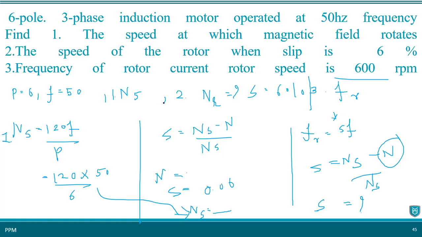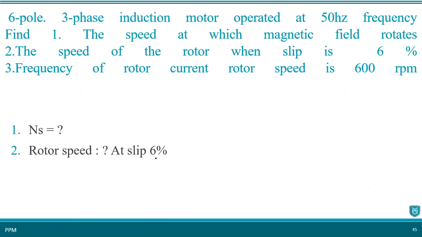Okay, just wait for a minute. Let me disclose the answer in front of you. I'm removing everything so you can cross-check the answers.